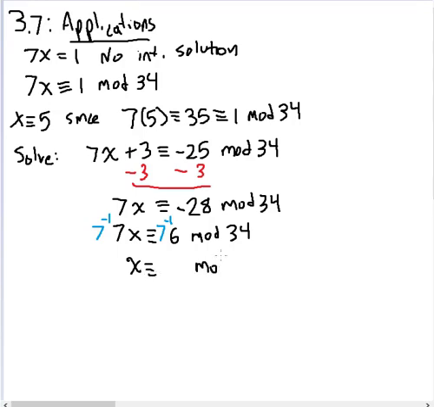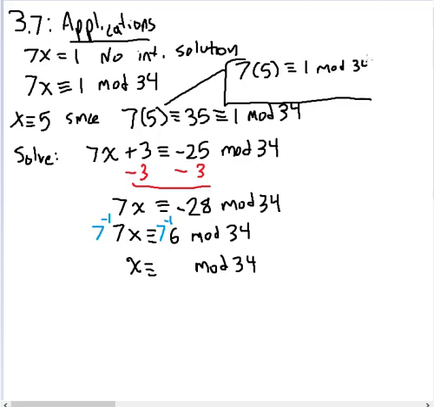Okay, well, what is the inverse of 7? We actually know that. It's 5. And the reason it's 5 is up here. 7 times 5 is congruent to 1 mod 34. So really we can just think of this as 7 times 5 is 1.